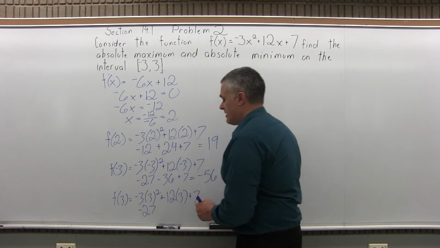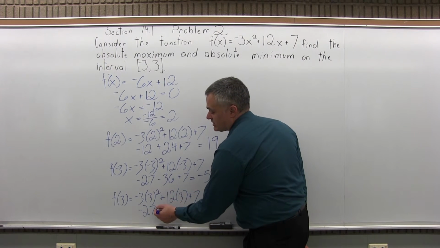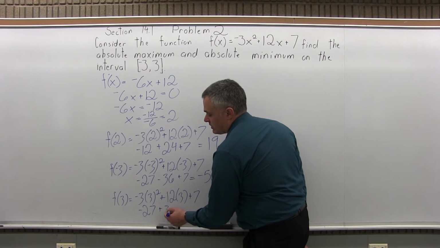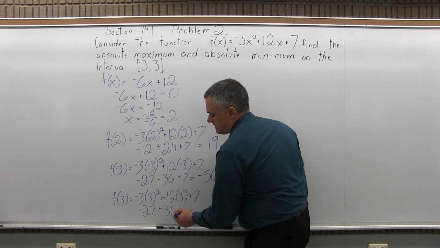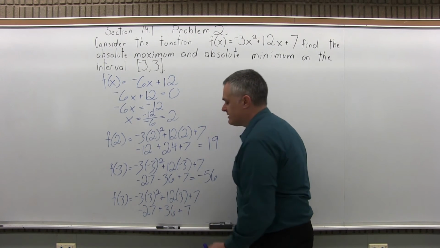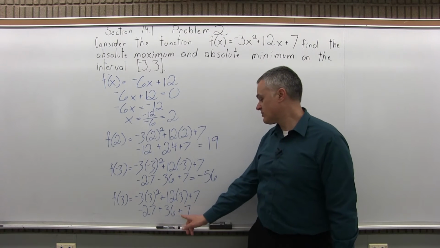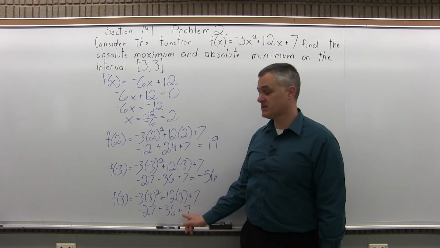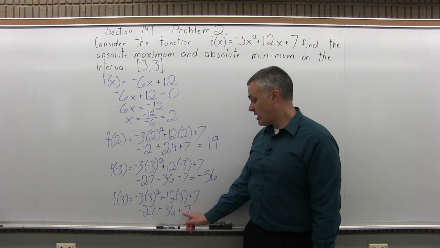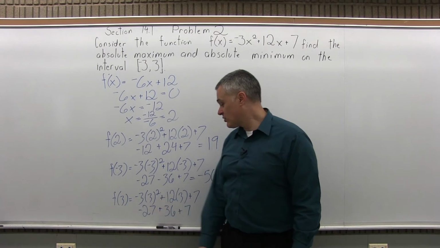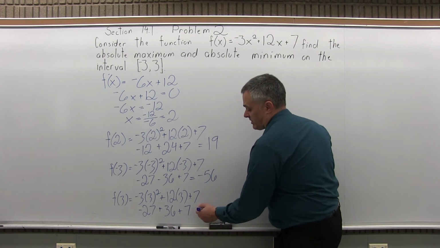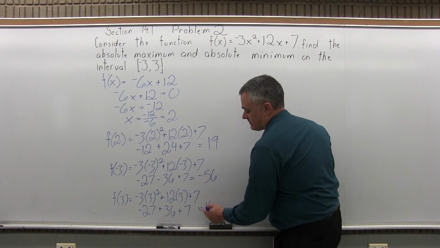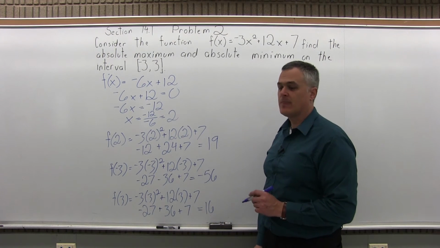And now 12 times 3 is positive 36, and I have a plus 7 on the end. I'll combine my positives. Positive 36 and positive 7 is positive 43. Positive 43 and negative 27. So 43 minus 27 will be positive 16.